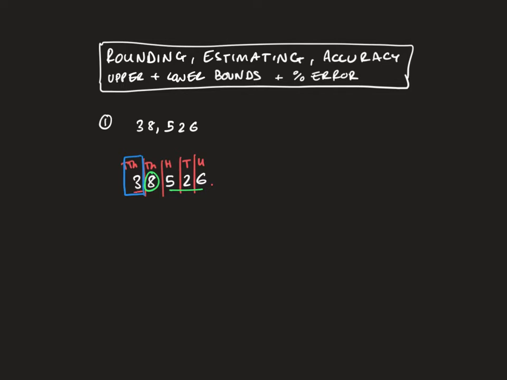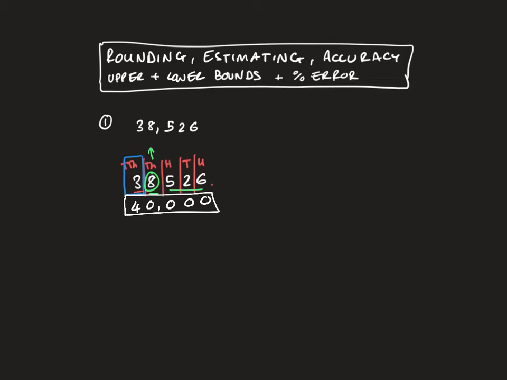If it's 4 and below, then it stays the same. Because this digit here is 8, it will cause that to round up. So our digits will become 40,000. That 8 has caused the 3 in the 10,000 column to round up to 4, giving 40,000. So that is to the nearest 10,000.